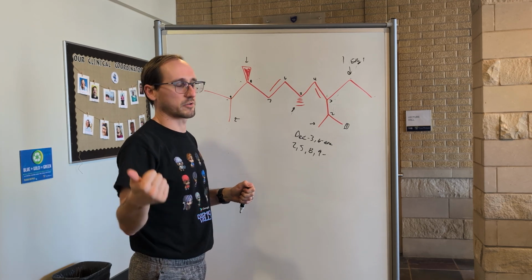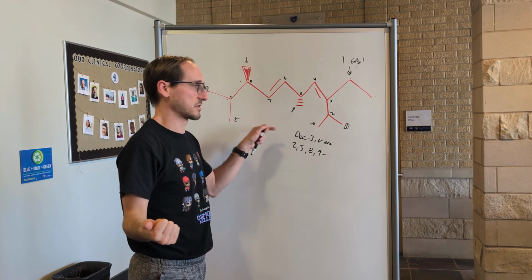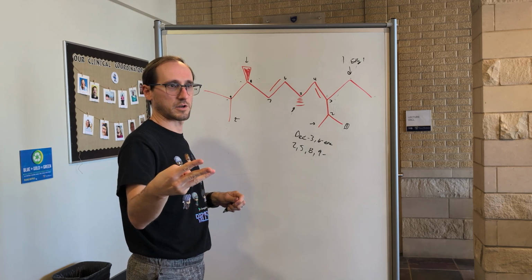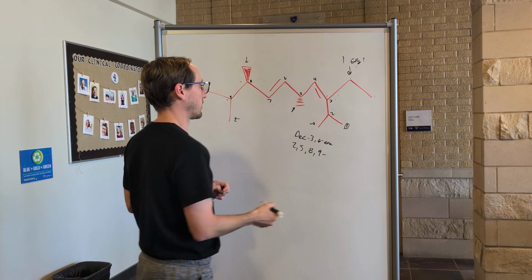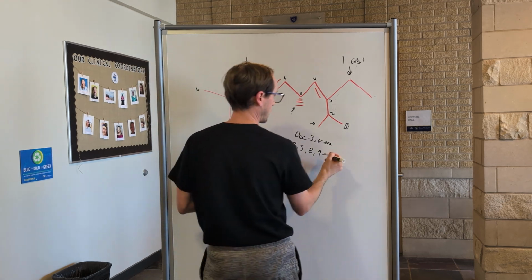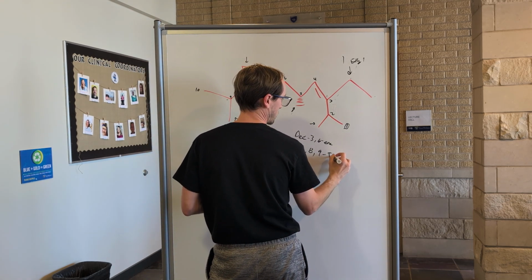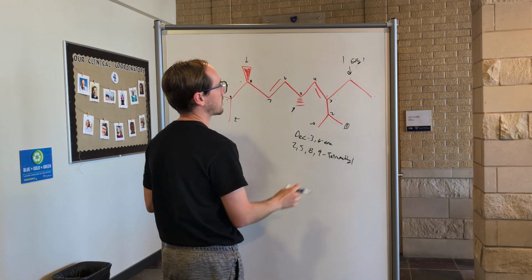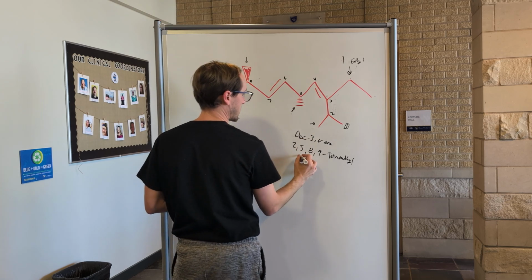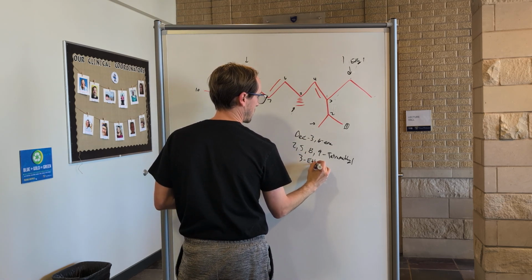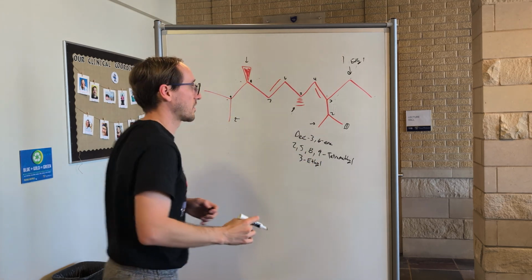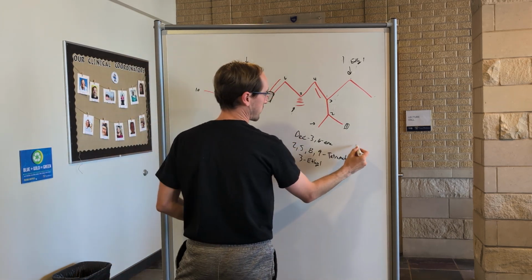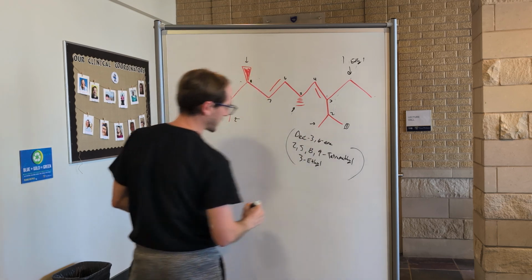So 1 is mono, we don't really ever use mono for this type of stuff, but then you've got di, tri, tetra, right? So tetramethyl. And then we've got an ethyl off of 3. That would be the second.